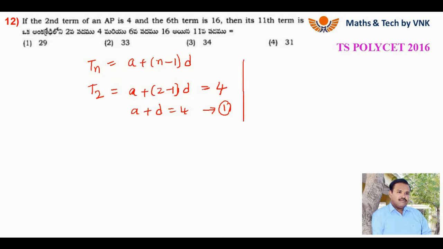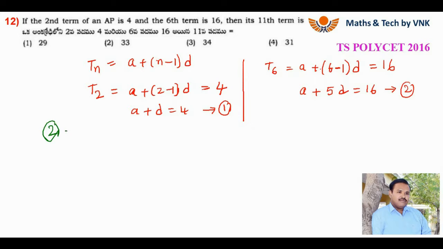It is given the sixth term is equal to 16. So T6 is equal to a plus 6 minus 1 into d is equal to 16. So a plus 5d is equal to 16. Write this as equation number 2. Now subtract equation number 1 from equation number 2.